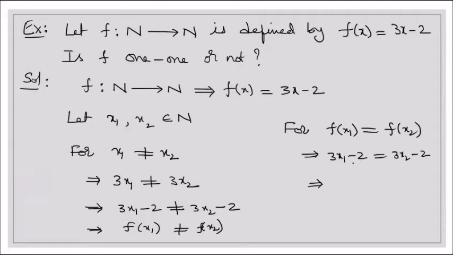That implies x1 is equal to x2, which proves that it is one-to-one. Therefore, you can come to the conclusion that f is a one-to-one function.